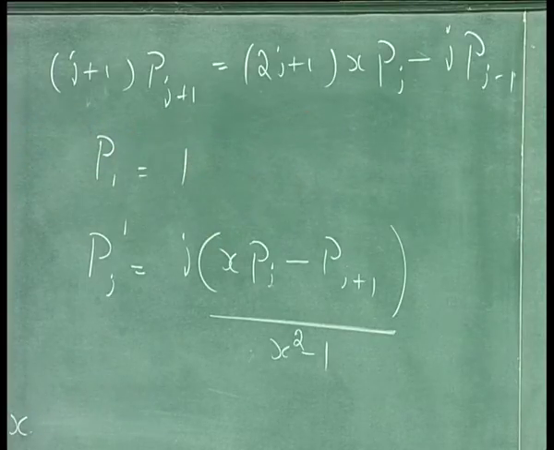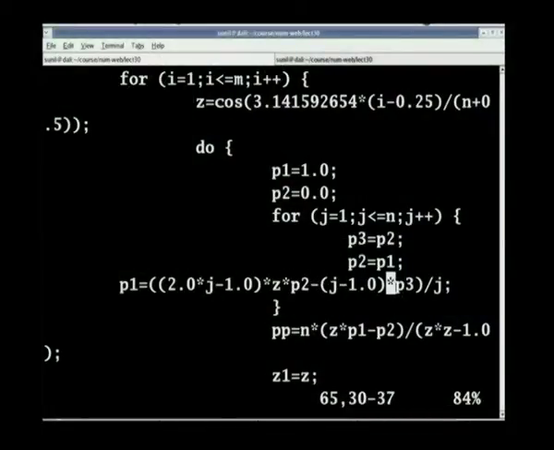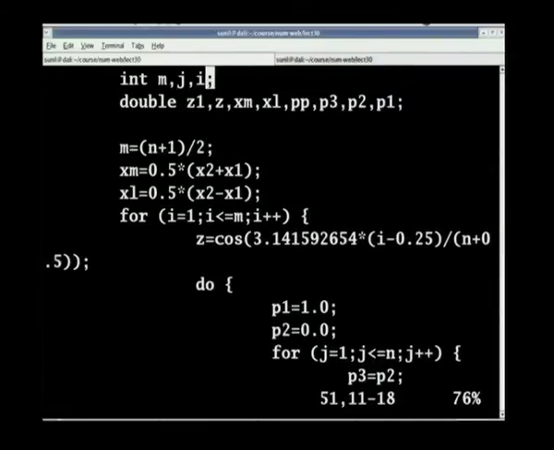Okay. So that recursion relation is used here to compute the value, and I do this loop till I reach the order of the polynomial I want to evaluate. Okay. So n is the number of points I want to evaluate the function at. Okay.